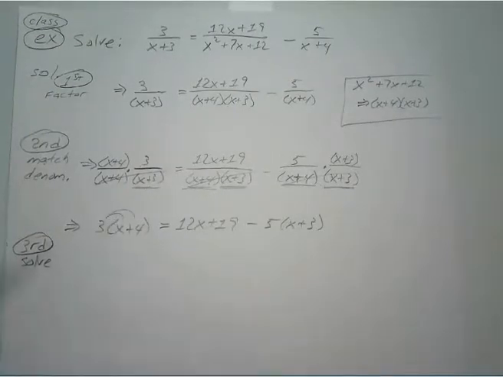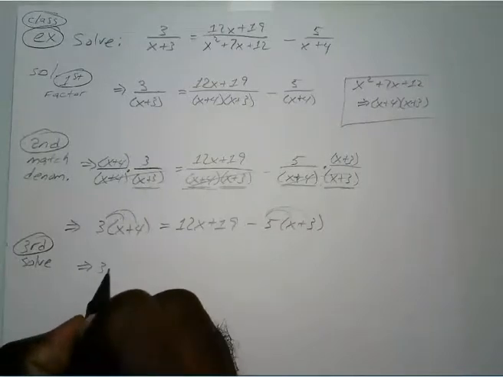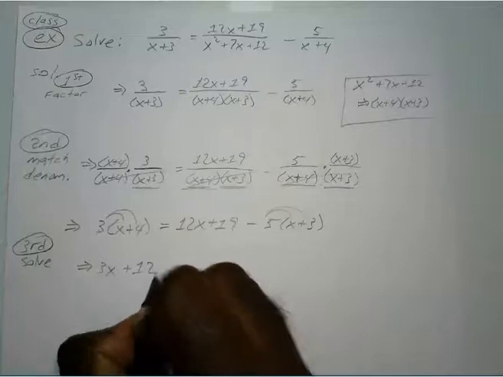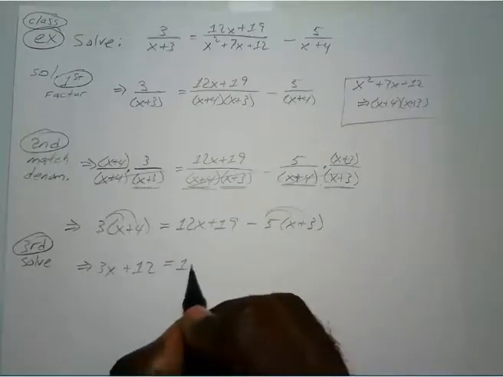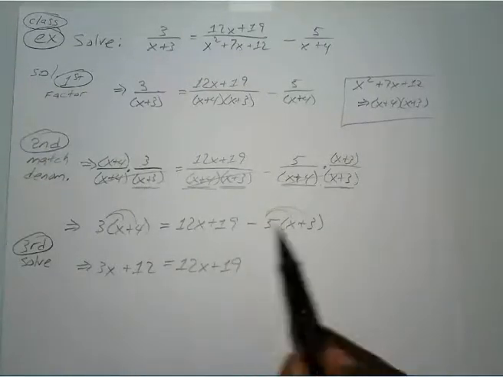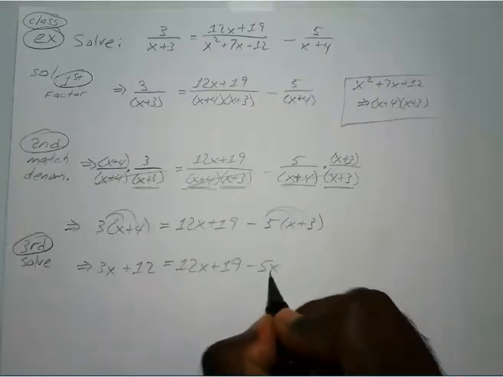So we go ahead and distribute our 3. And go ahead and distribute our negative 5. Okay, so 3 times x gives us 3x. And 3 times 4 gives us 12. Equals 12x plus 19. And if we distribute our negative 5 times x is negative 5x.